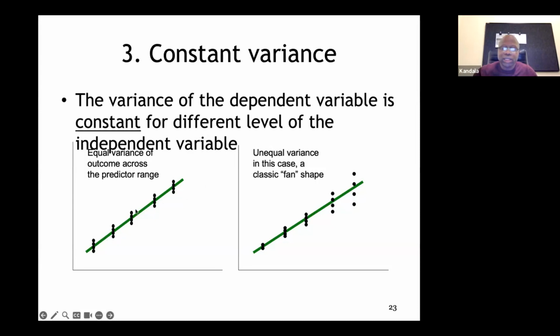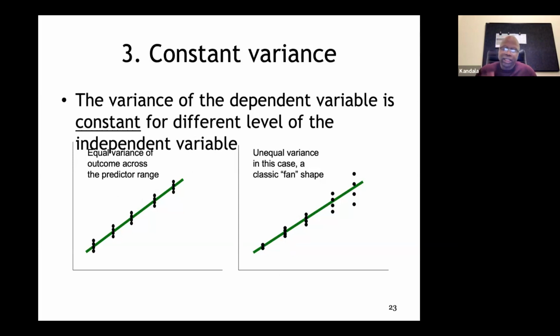So we can see here, in this case, there is equal variance across all the range of the predictor, and here there is unequal variance, but still falling on the linear line. So sometimes you hear about unequal variance.